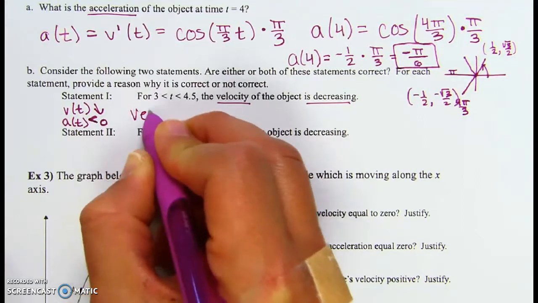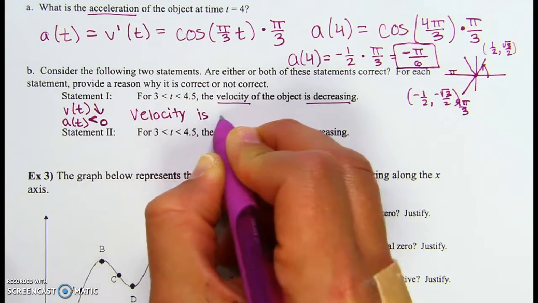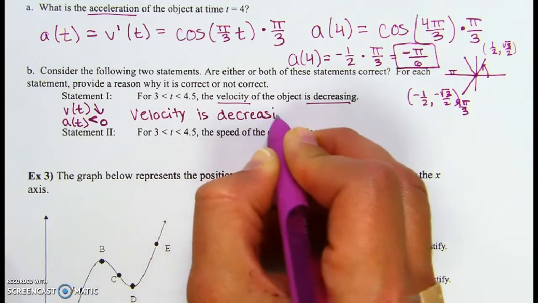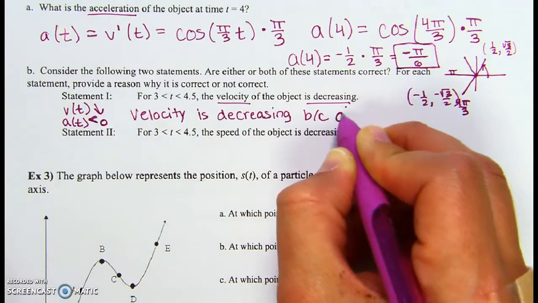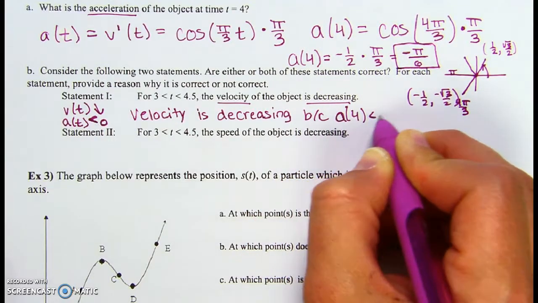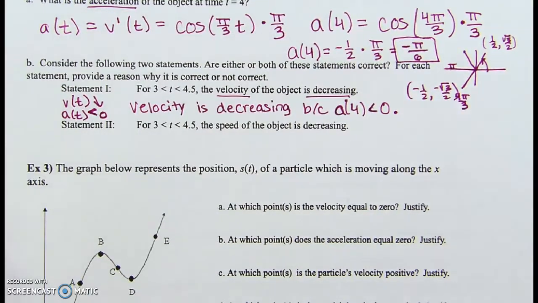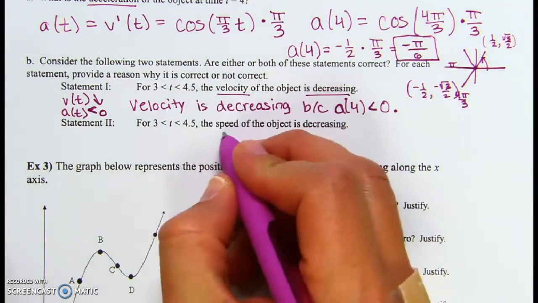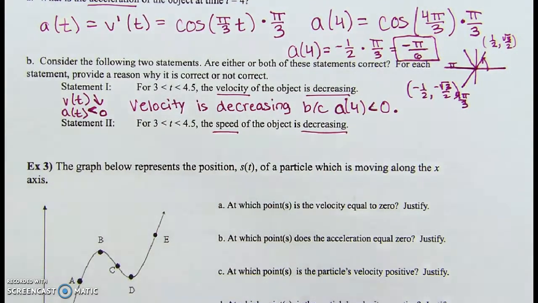Yes. So velocity is decreasing because a of 4 is less than 0. Now we have the word speed. Speed will be decreasing for a completely different reason.